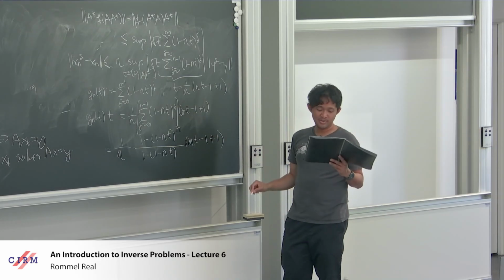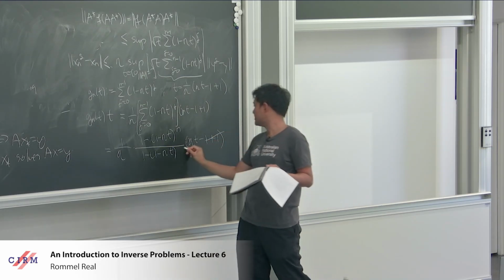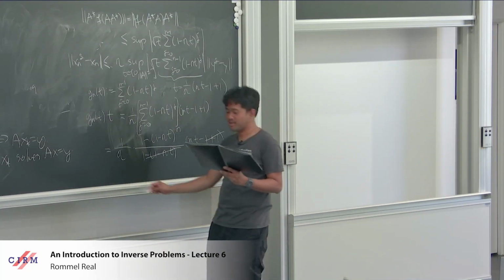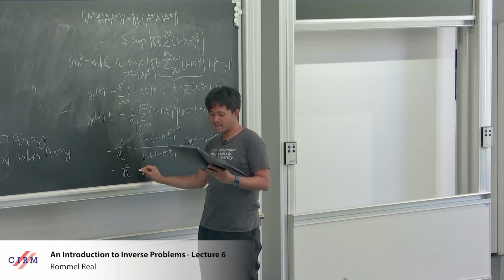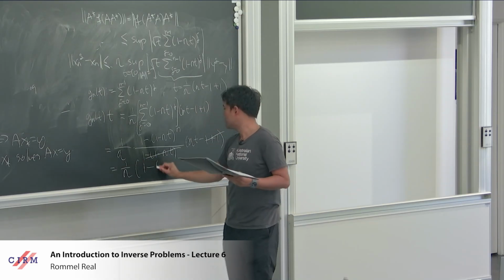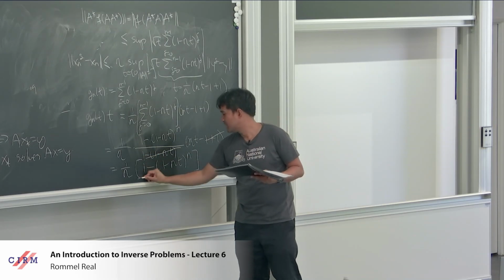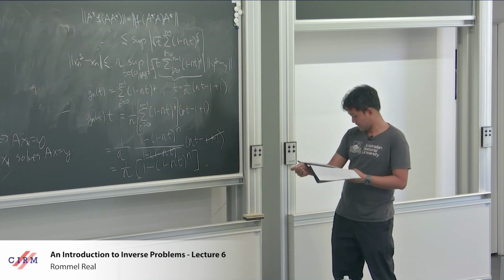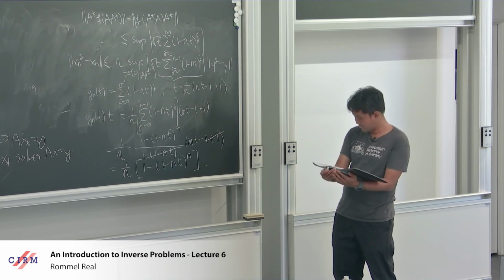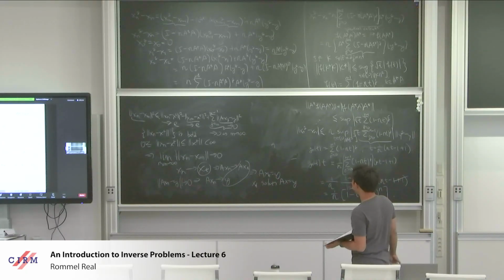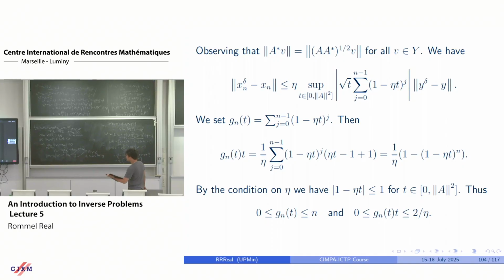And notice that this gets cancelled, and you're left with 1 over eta times (1 minus (1 minus eta t) raised to n). Okay? And now, by continuing some manipulations with the polynomials there, it's already halfway, so let's have a 5-minute break.